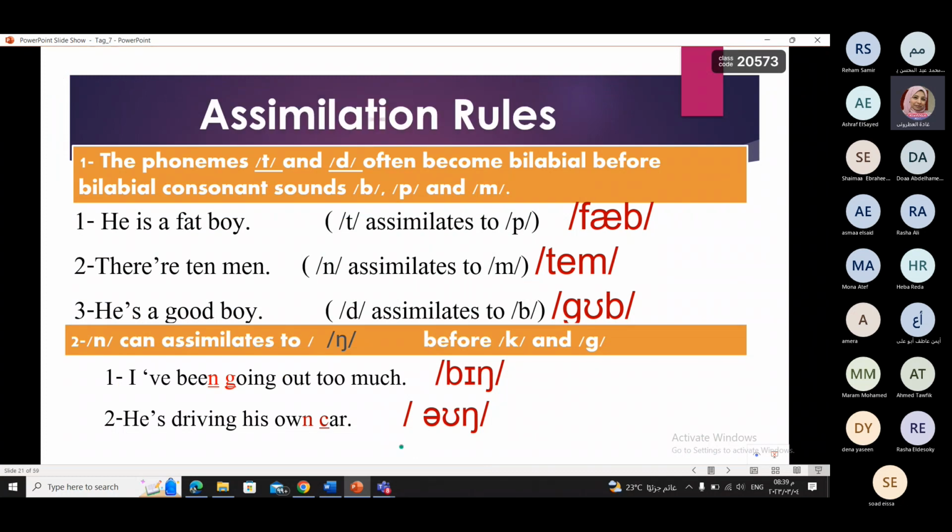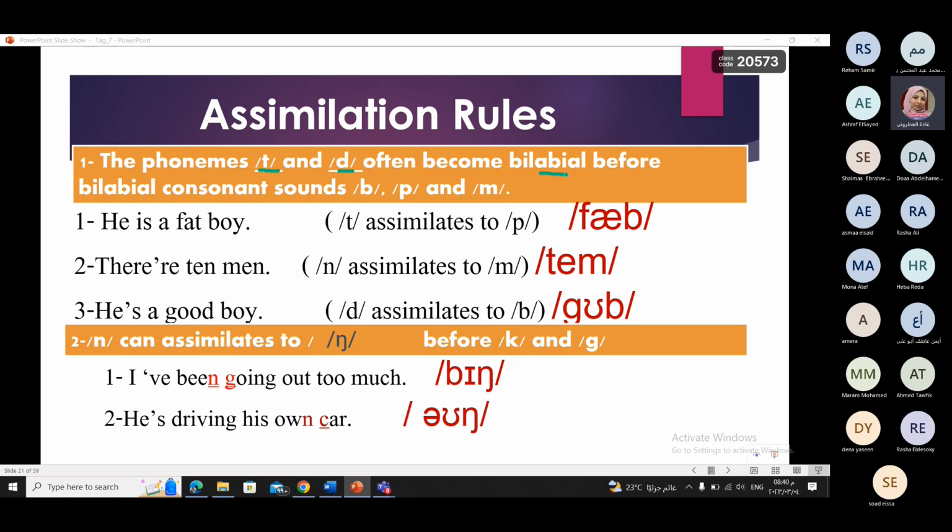Okay? And just to extend your knowledge about assimilation, here I have given you some rules. When the phonemes T and D, which are the sounds that most often assimilate in English, often become bilabial. Do you know what bilabial means?